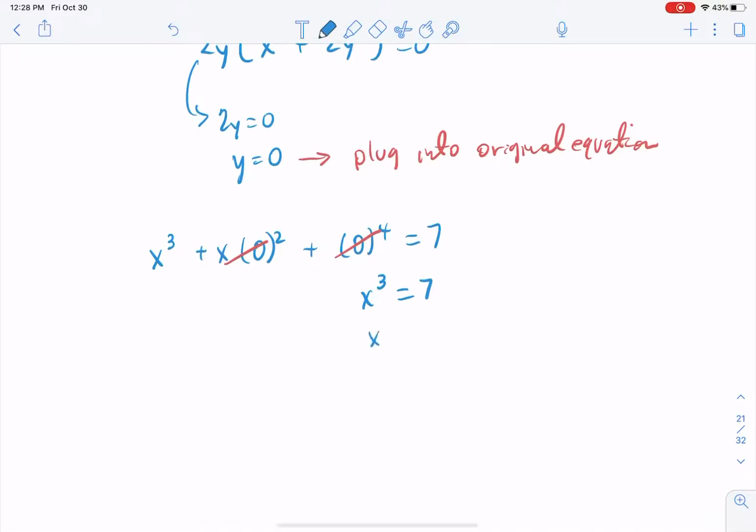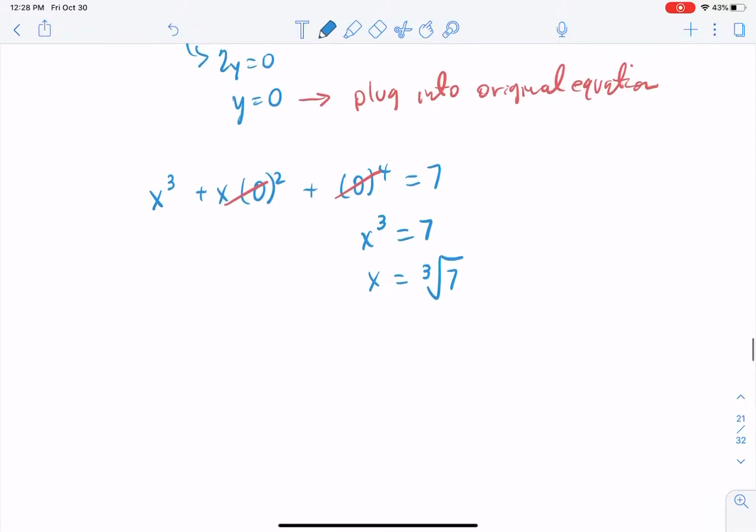Take the cube root of both sides, and unlike a square root, you're only going to get one of them. Just one cube root of 7. That's the way odd roots work. We know this. We've been in algebra before, which means that we have ourselves a vertical tangent line at the cube root of 7, comma 0.